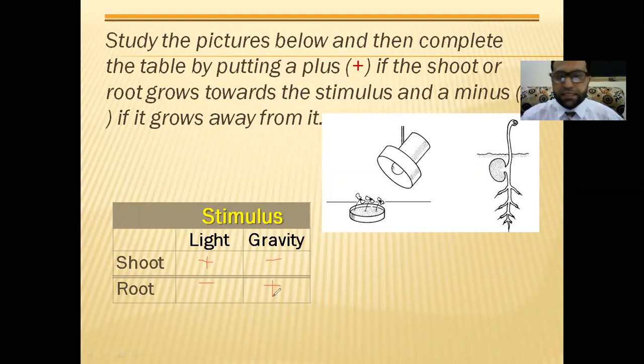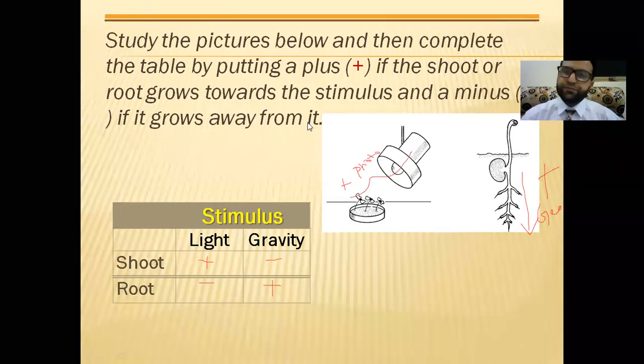So for root, it is positive geotropism, right? While for shoot, it is positive phototropism because the shoot is growing toward the light. Is it clear? All right.